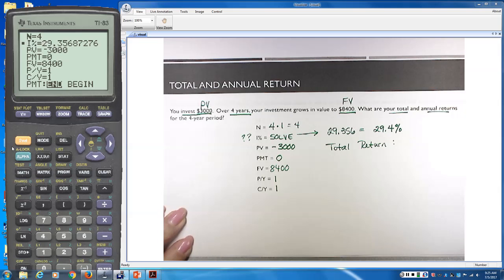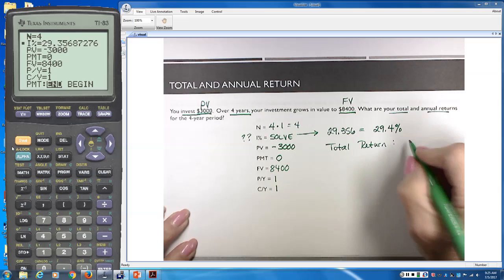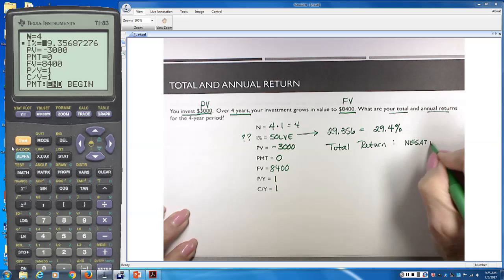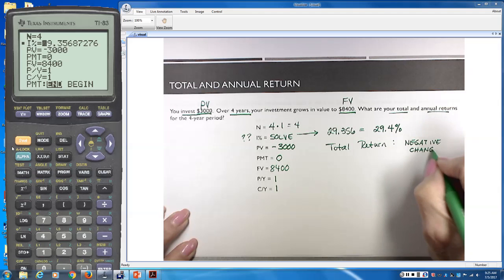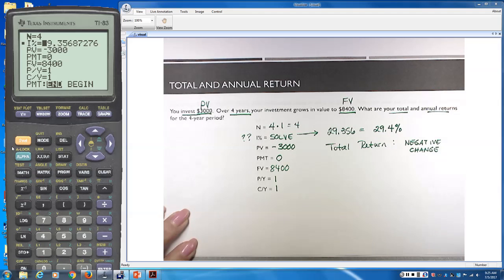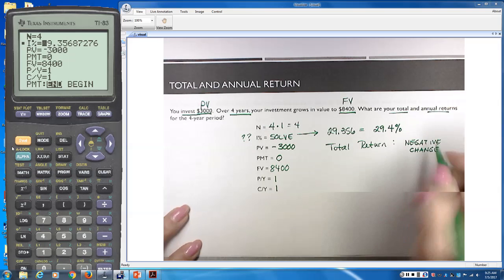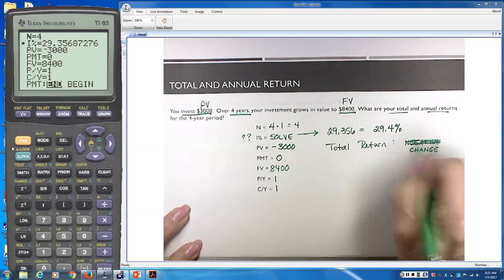The total return is going to be a negative change. I'm sorry, not a negative, relative change. Can't read my own handwriting because I made notes to make sure that I did all the numbers right.